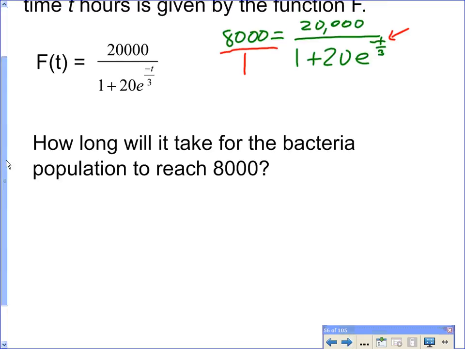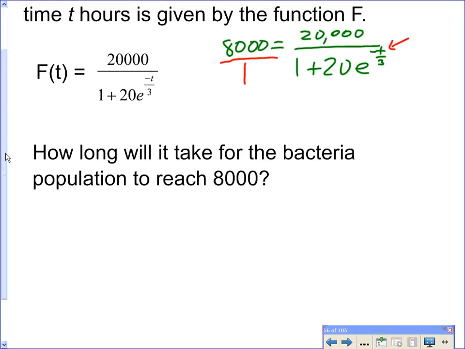So if I use cross products on that, then since you have an equation, you know that the cross products are equal. So I can say my 8,000 times my 1 plus 20 e raised to the negative t over 3 is equal to 20,000.